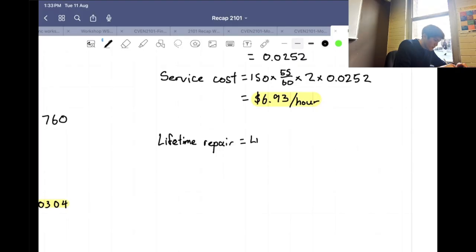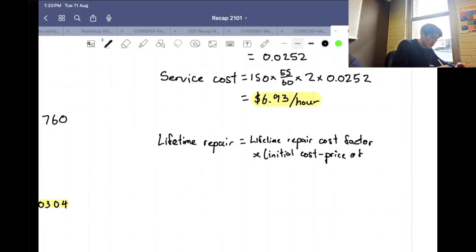Lifetime repair cost factor times the initial cost minus the price of a fresh set of new tires. And this can be found in table 21.